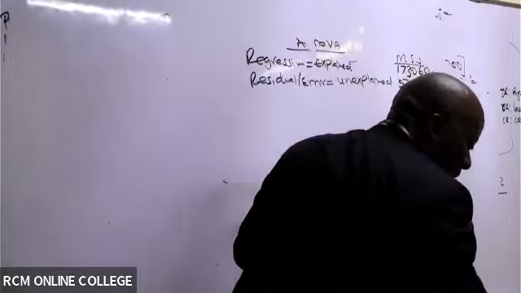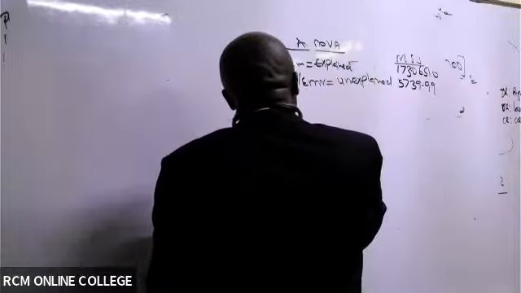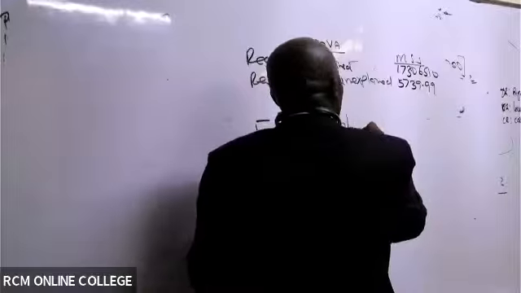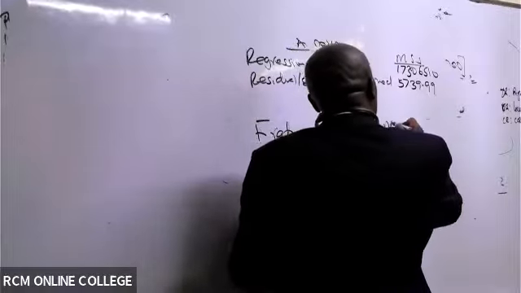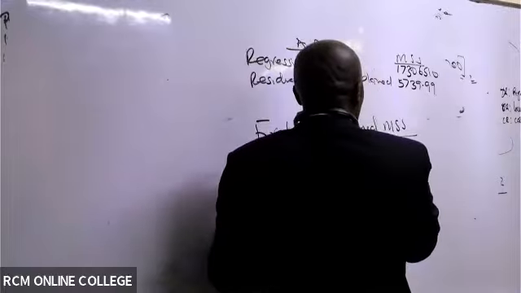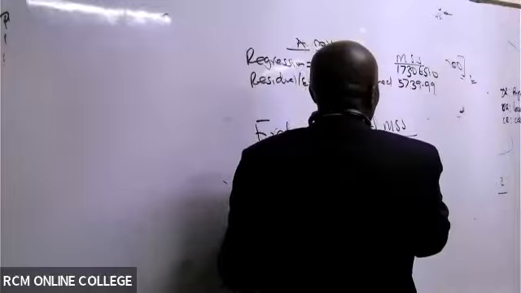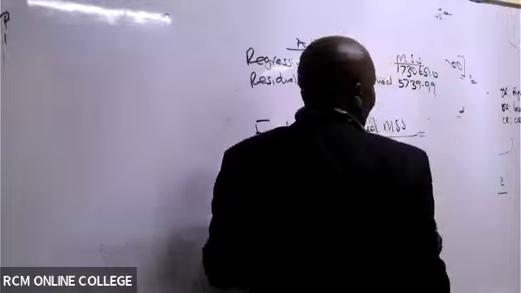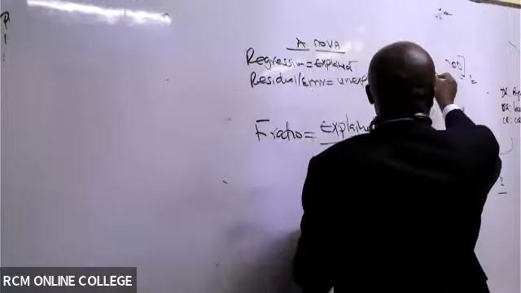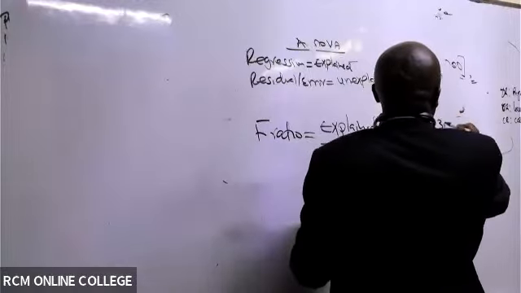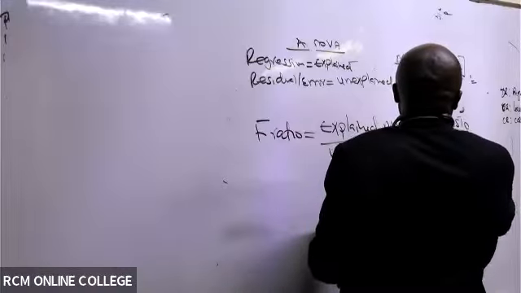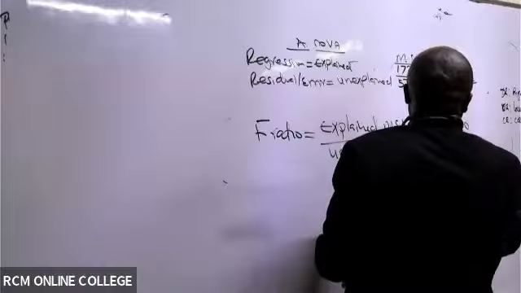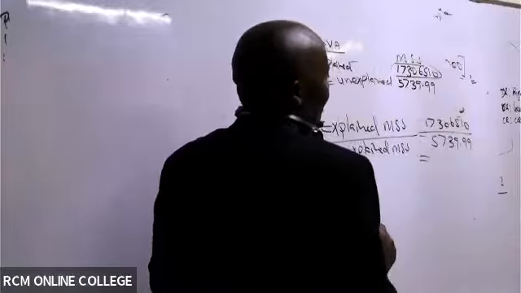And how do we get this F ratio? To get F ratio, we always take the explained MSS over what here, somebody? Unexplained MSS. So explained MSS is this one, 1730.6510, all over 5739.99. Are you able to give me this answer yourselves?